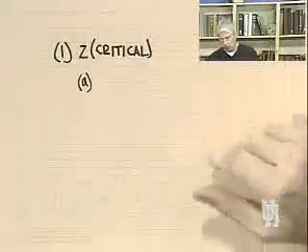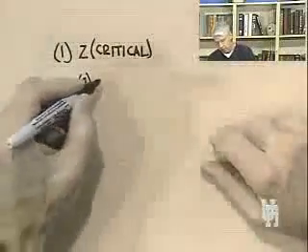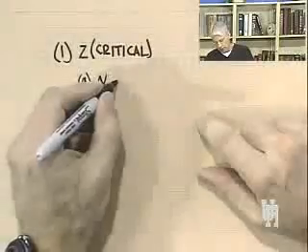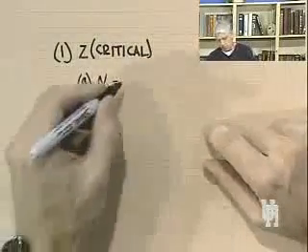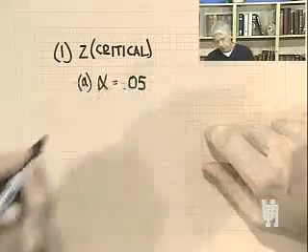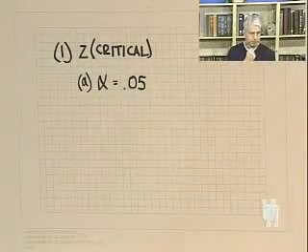The first step then is to define the critical level of the test statistic Z. And in order to do that, we need two pieces of information. You need first of all to know a level of alpha. And the researcher establishes the level of alpha. So let's assume that alpha is 0.05.